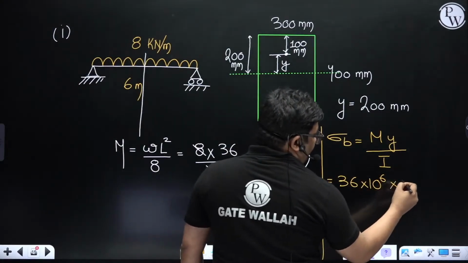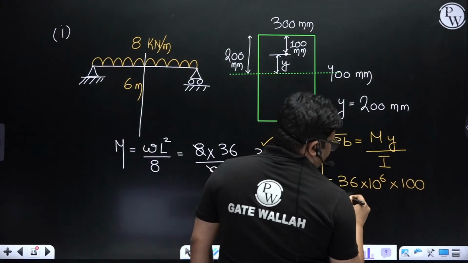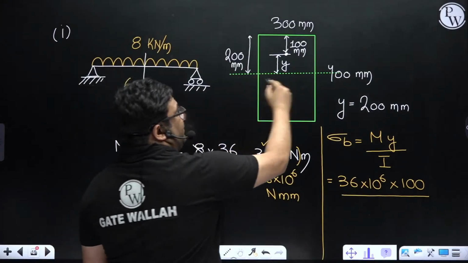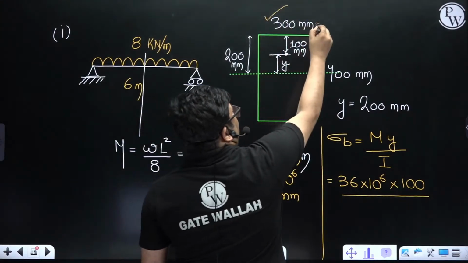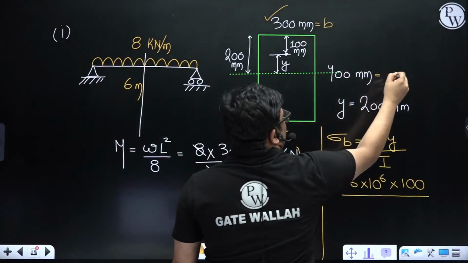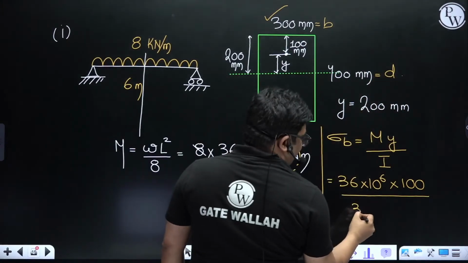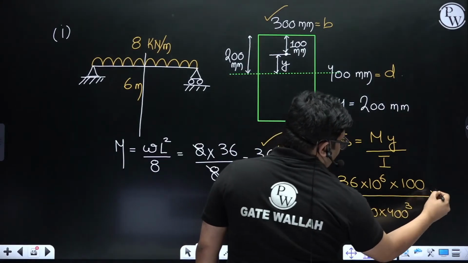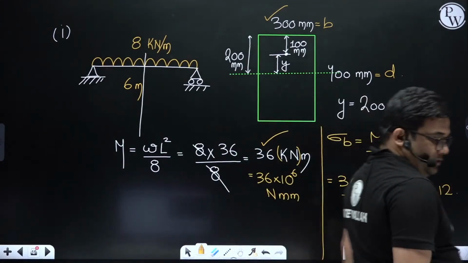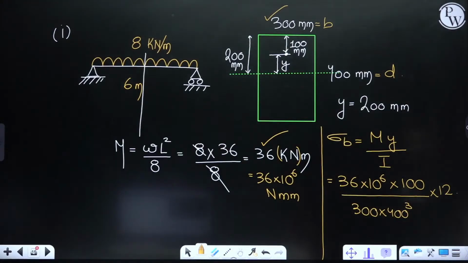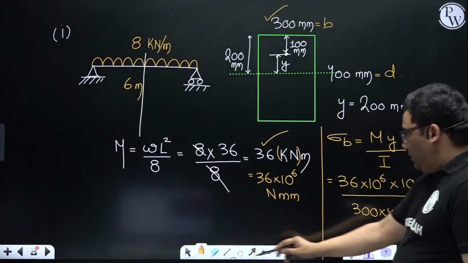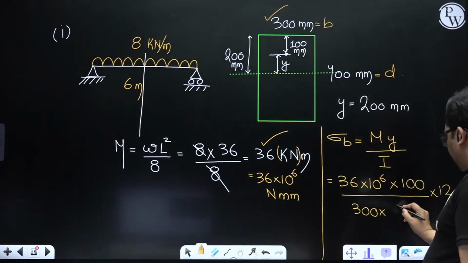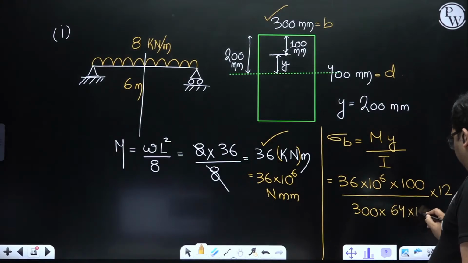Then y is how much? Y is 100, we got. And what is I? I is B D cube by 12, about this axis, where this is B and this is D. So 300 into 400 cube divided by 12. Actually, this is 4 cube, which means 64 into 10 to the power 6.